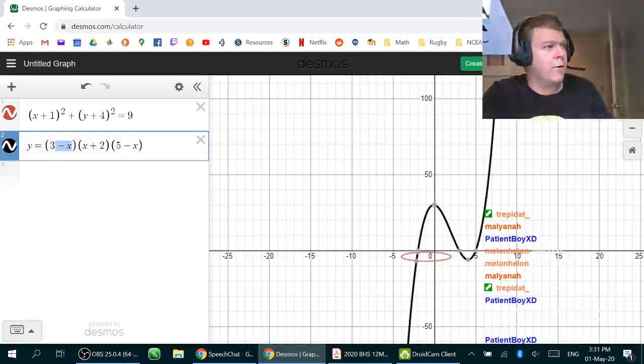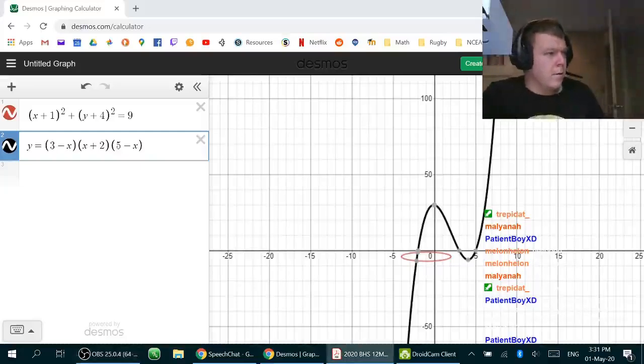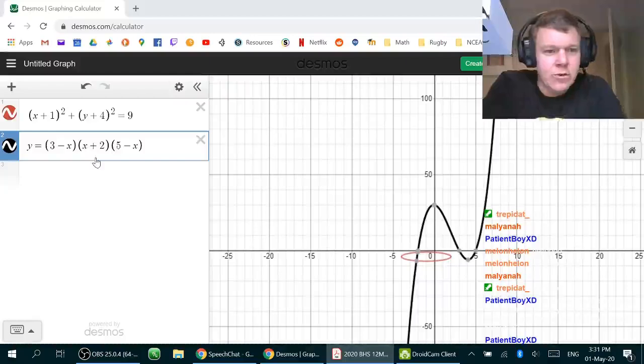What have we got? I've got the actual assignment up, so you can have a look at that. It starts off with a simple circle, then B is a circle, C is a cubic, D. Now D's an interesting one actually.